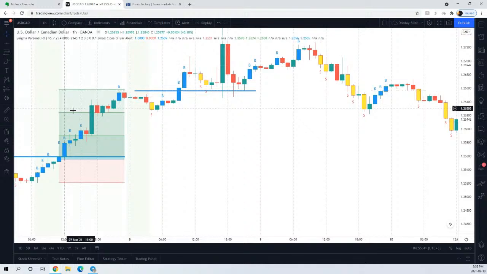And that's almost a 10. You would have kept that trade for almost 20 hours, and you would have hit TP3. You would have crushed all of those levels here. Powerful.